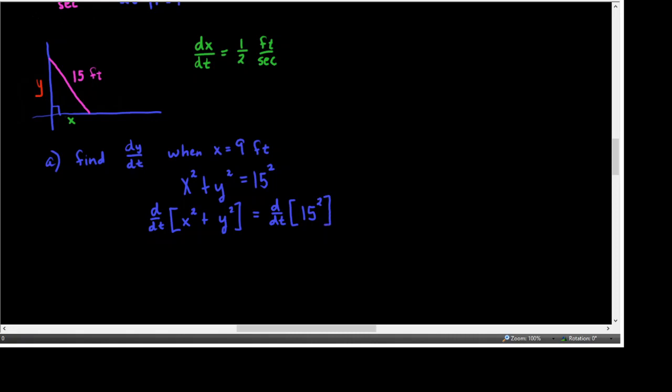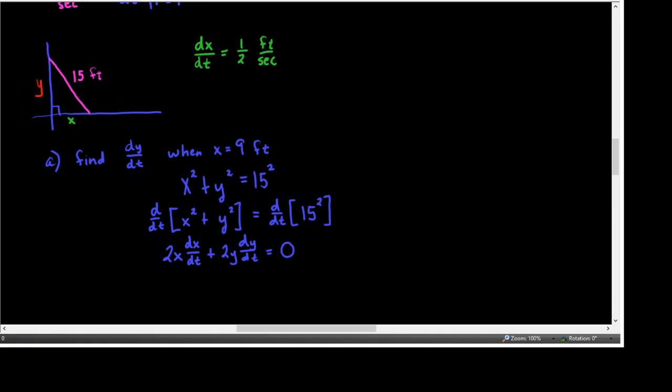So the derivative of something squared is 2 times that something to the first times the derivative of that something with respect to t. So the next one looks very much the same, 2y dy dt. And of course the derivative of a constant is 0.